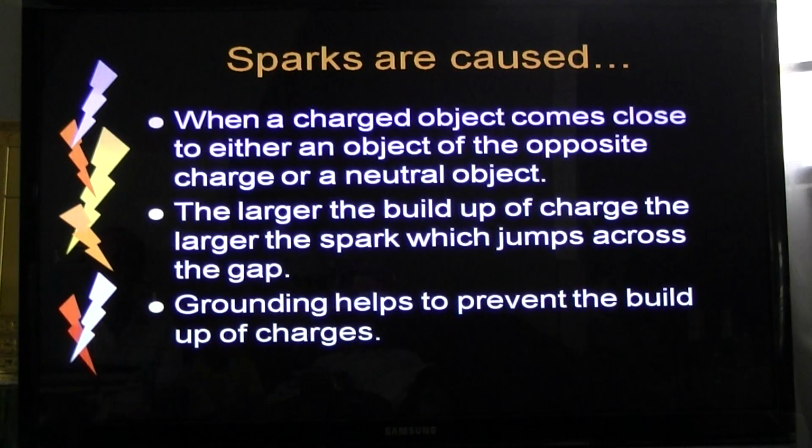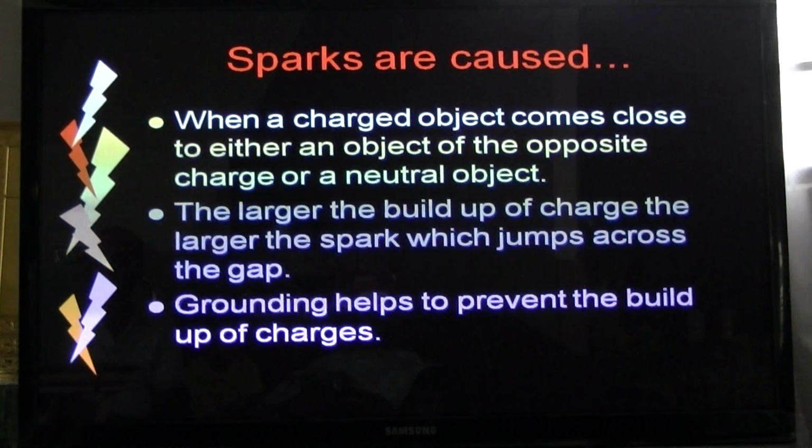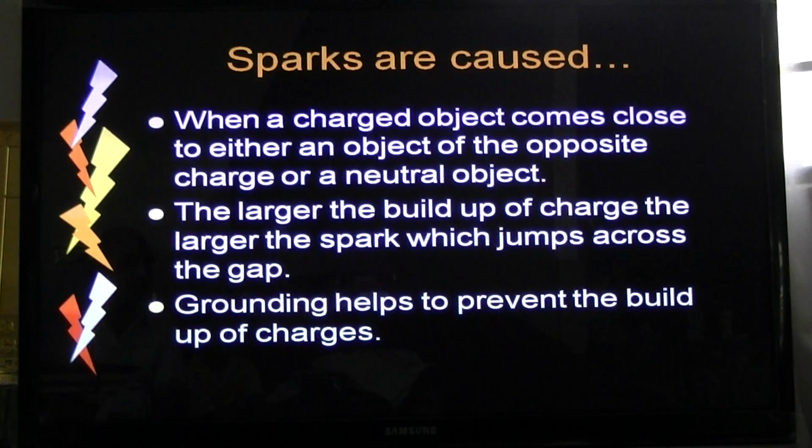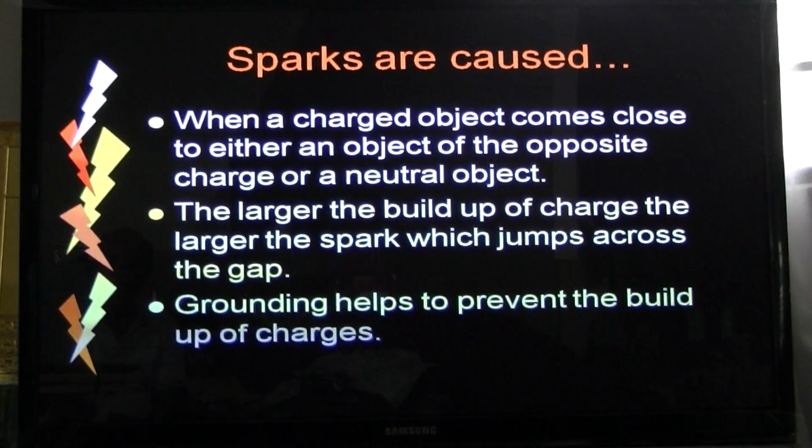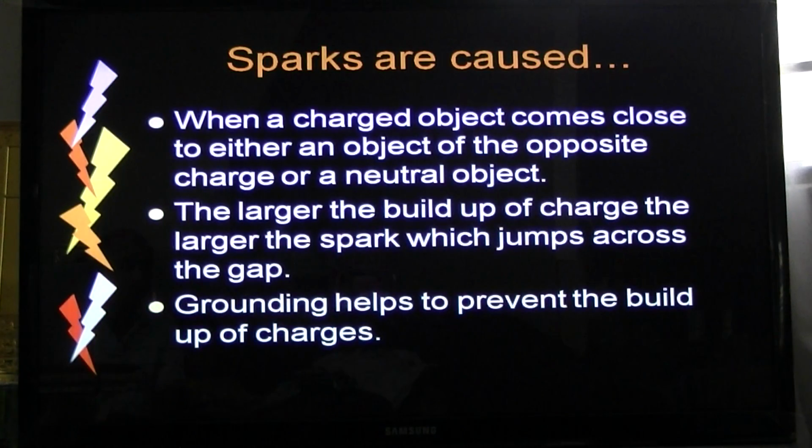The larger the buildup of charge, the larger the spark which jumps across the gap. Remember our door handle: if you have runners on carpet and you go zoom zoom zoom back and forth, the more you go back and forth, the more you build up. The bigger the charge you're going to have when you touch the handle.